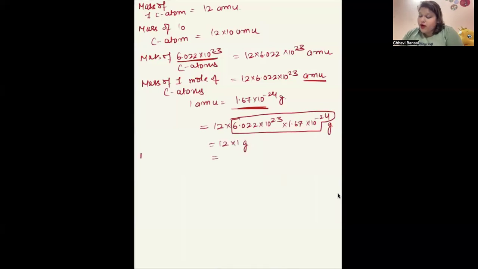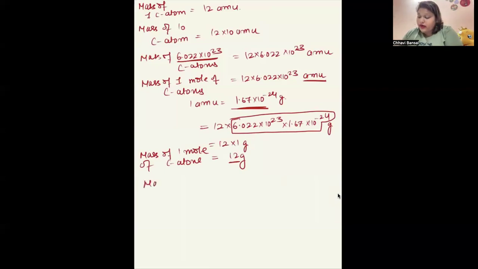So, the mass of 1 mole of carbon atoms is equal to 12 grams, right? But 12 was the mass of 1 carbon atom, though in terms of AMU, right?